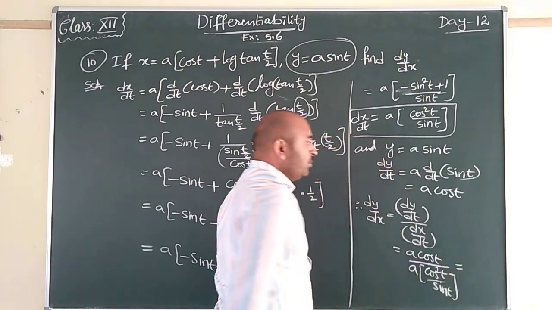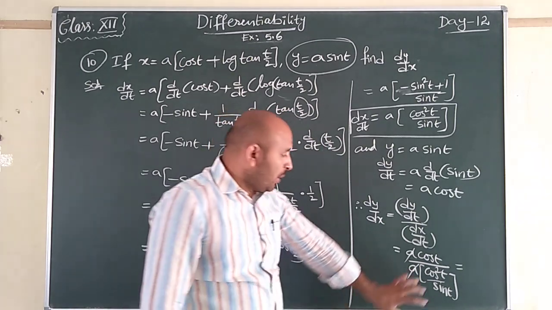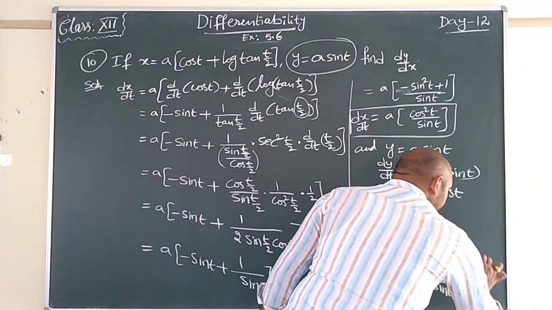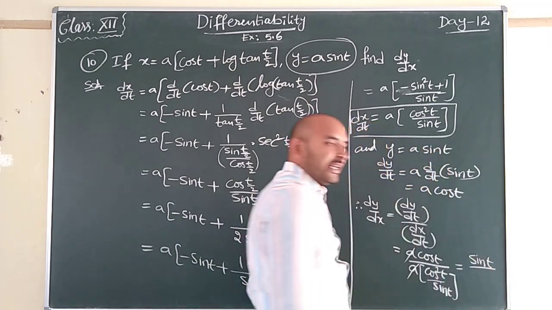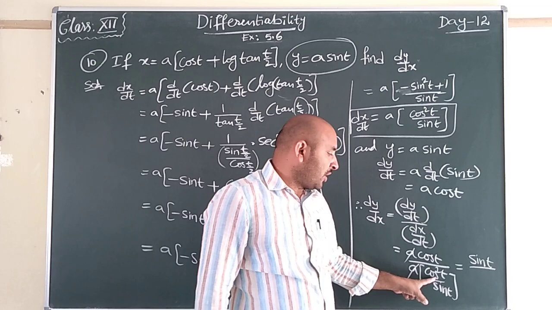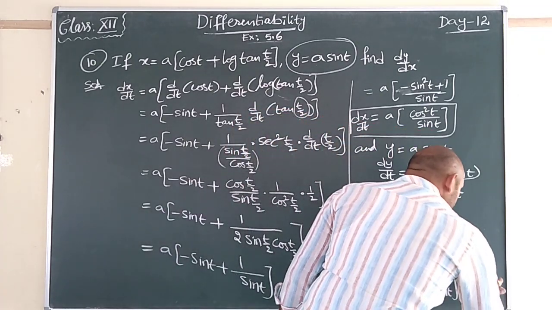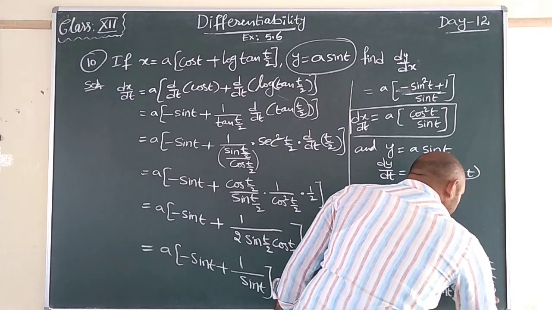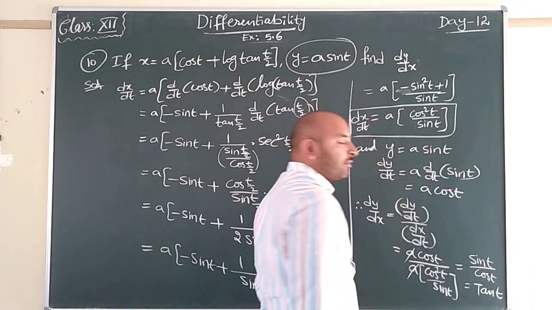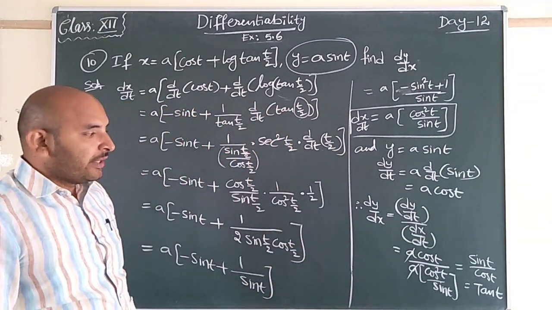The a cancels. When the denominator is a fraction, it is reversed, so you will get sin t divided by cos square t into cos t. Cos cancels, you will get one more cos, sin t by cos t. This is equal to tan t. So dy by dx is equal to tan t.